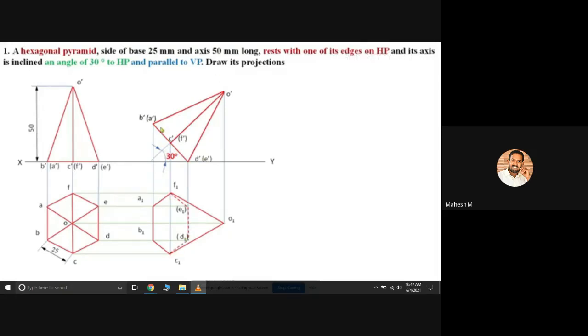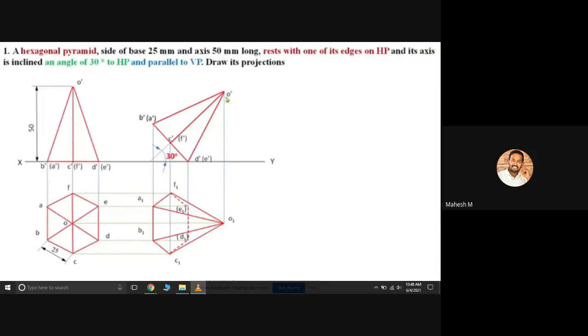Okay, so we are having three dotted line bases, and from E to O you can create a dotted line, and D to O you can create a dotted line. But you have to connect A to O with a dark line and B to O with a dark line because it is visible. Okay, so like this, you can see four slant edges.